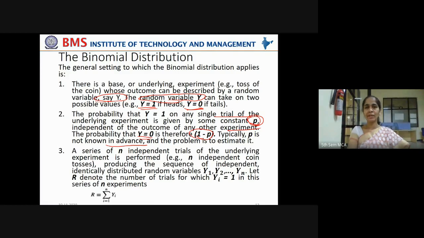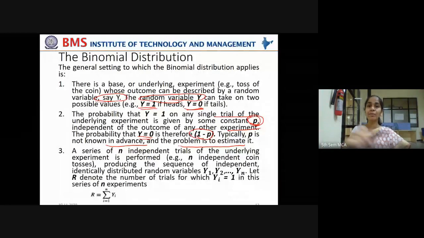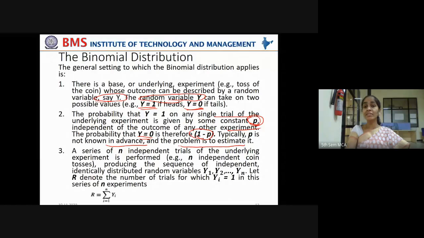Nobody knows the probability until we perform some experiment and assign some probability to it. Typically this probability is not known in advance, and the problem is to estimate it. Until we perform some experiment and estimate or guess that probability, we don't know about that probability in advance, right?